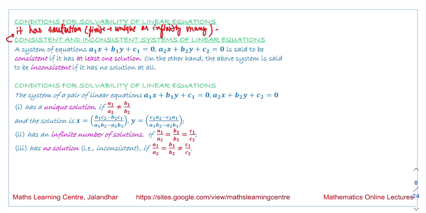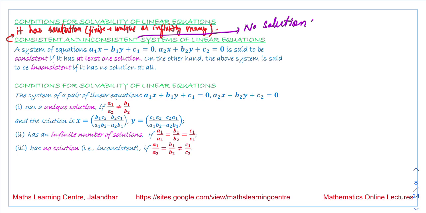And inconsistent means it has no solution. So we are saying a system of equations a1x plus b1y plus c1 is equal to 0, a2x plus b2y plus c2 is equal to 0 is said to be consistent if it has at least one solution, and if it has no solution, it is called inconsistent.